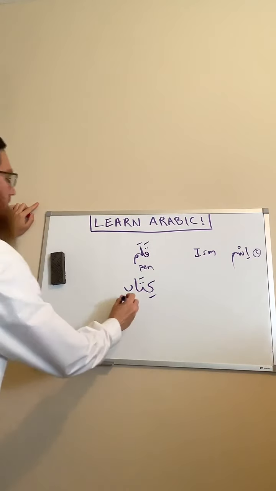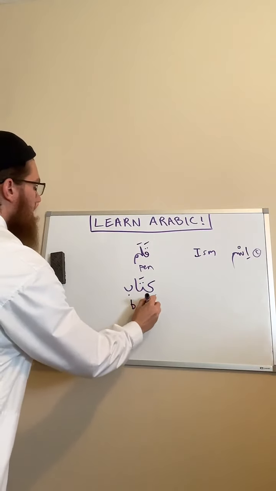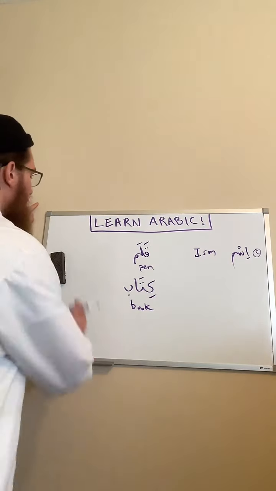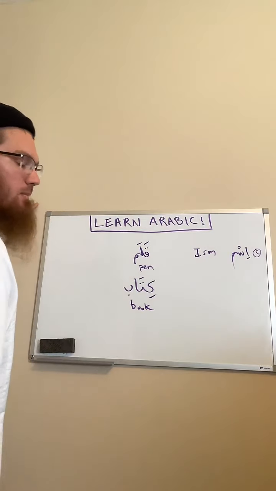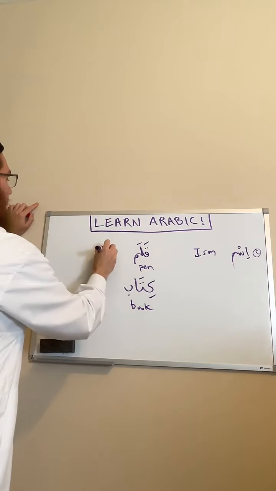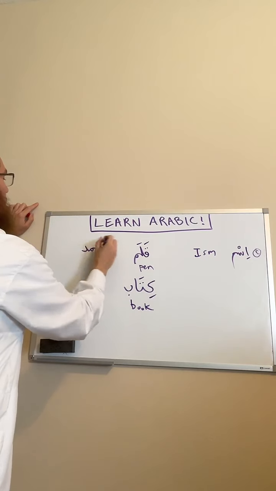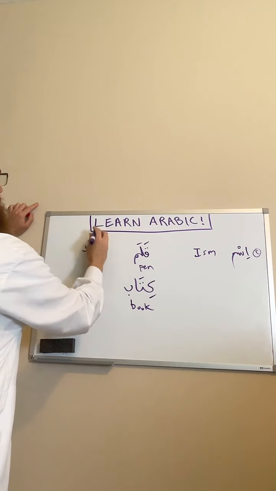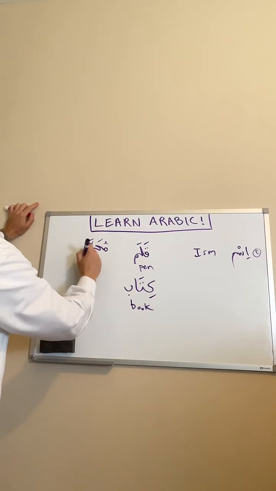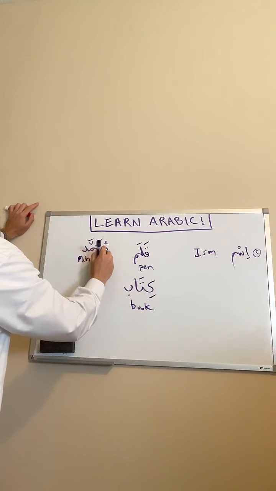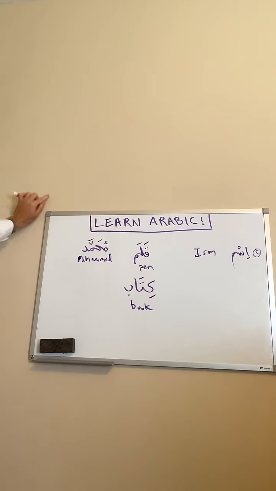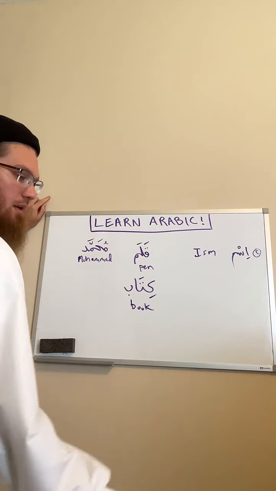Kitab, book, has a complete meaning, no relation to time. Names, so these are things, but there's also names. Muhammad, the name Muhammad has a complete meaning, no relation to time.